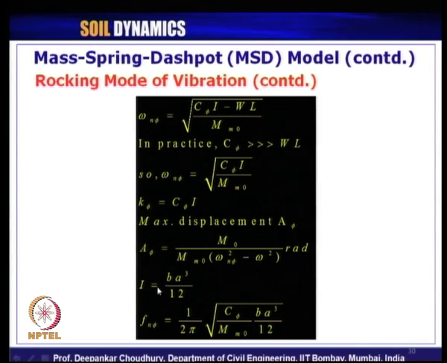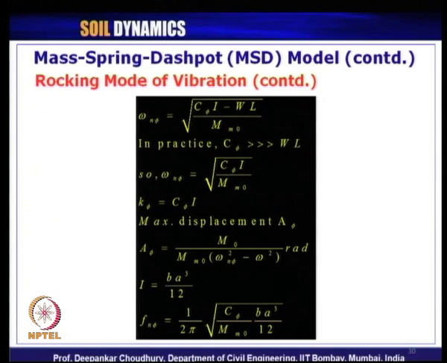In this case, I is the area moment of inertia, that is nothing but, for a rectangular foundation, b a cube by 12, where a is the dimension in the direction about which it is rotating, and b is the other horizontal dimension, perpendicular to it. Clear? So, a is the dimension in x direction and b is the dimension in y direction, and f n phi obviously can be represented by this expression.